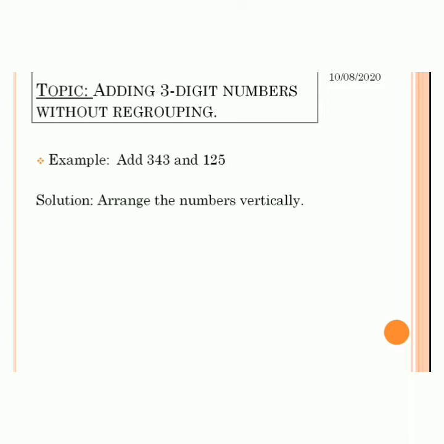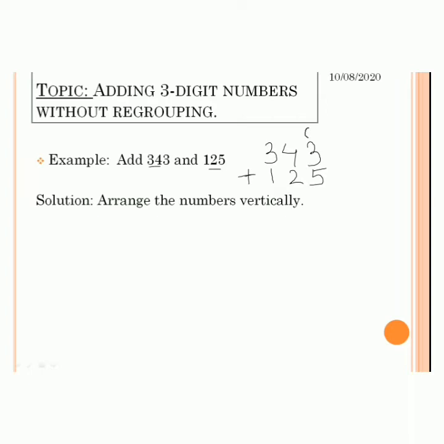That means these two numbers you have to write down vertically. How you will write? First you will write 343, then just below that you write down 125.